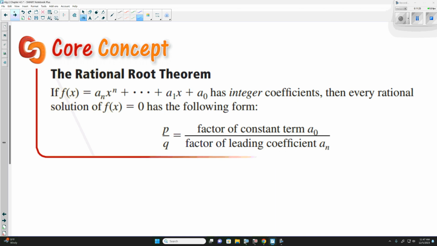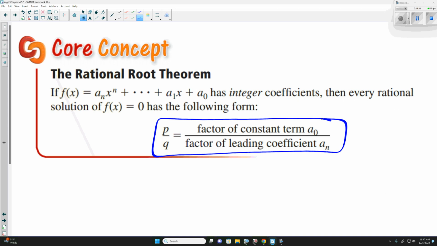Now, we do have this theorem here, and this theorem is actually quite helpful, the rational zeros theorem. And what this says, and the main part that I would especially have down is this part here, P over Q. We will say plus or minus P over Q, where P is the factors of the constant term, the term without x, and Q is the factors of the leading coefficient, the number in front of the variable with the biggest exponent.